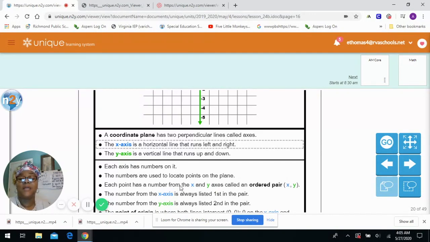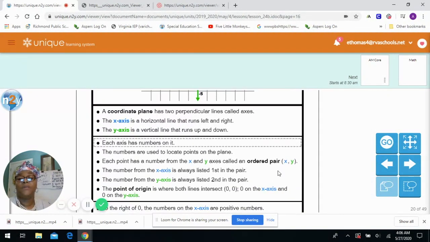Each point has a number from the x and y axis called the ordered pair, meaning that it's always going to be x and then y, x and then y. The number from the x is always listed first. You see that word? Always listed first in the pair. And the number from the y-axis is always listed second in the pair.